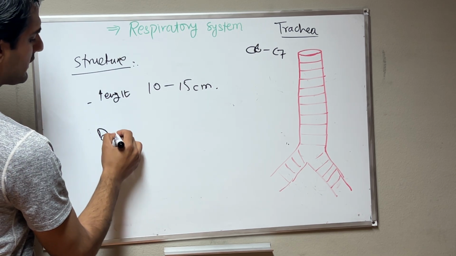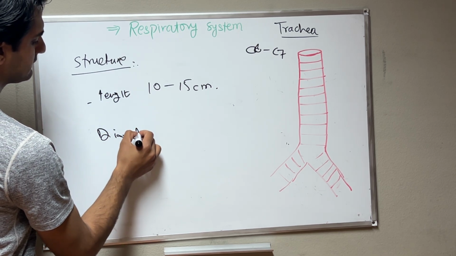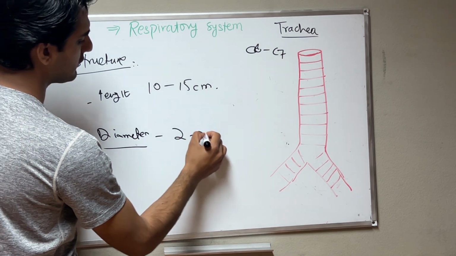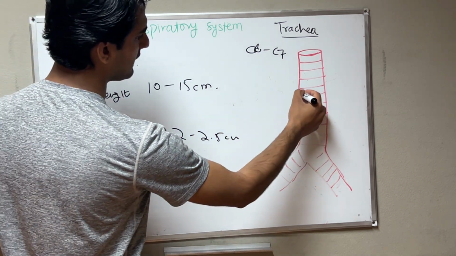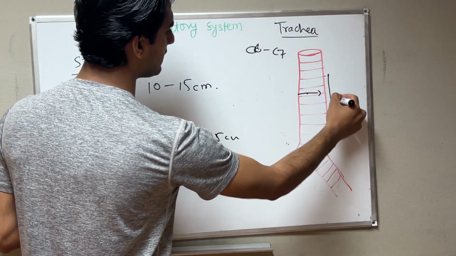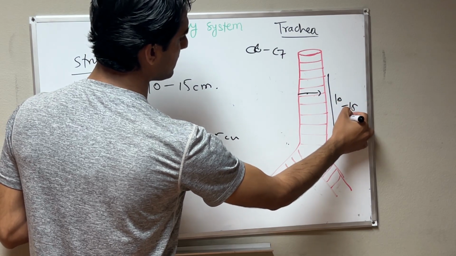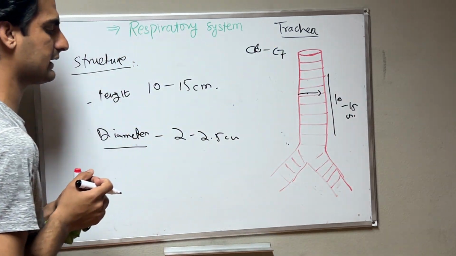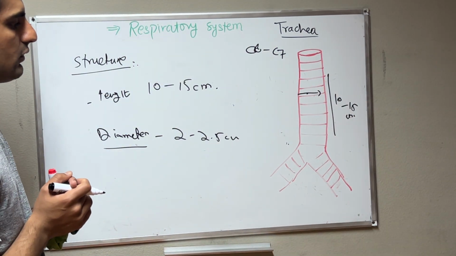If you talk about the diameter, it is 2 to 2.5 centimeters. This is the diameter, and this is the length, 10 to 15 centimeters. This is the length and diameter of the trachea.